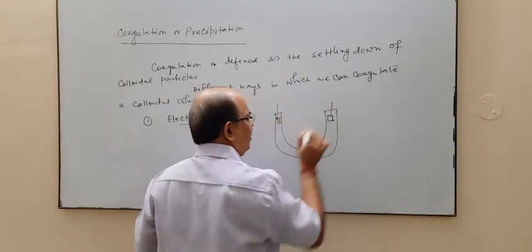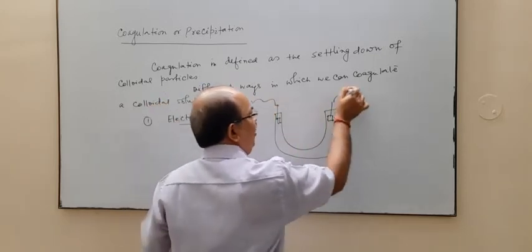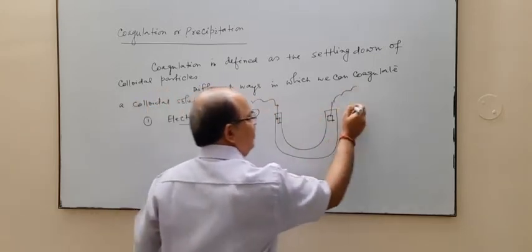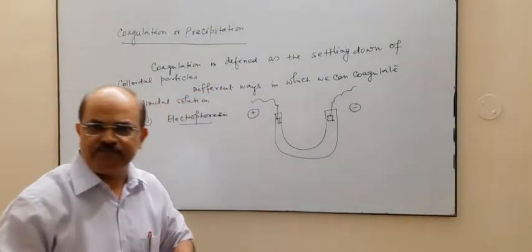suppose this is our positively charged plate and this is your negatively charged plate.